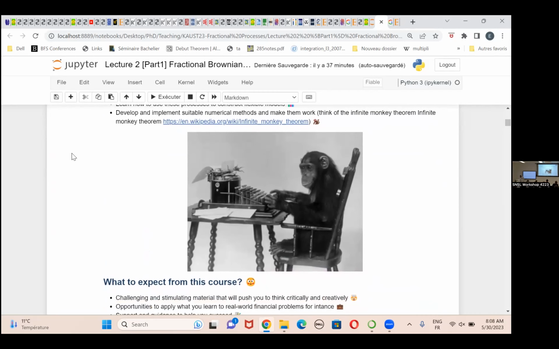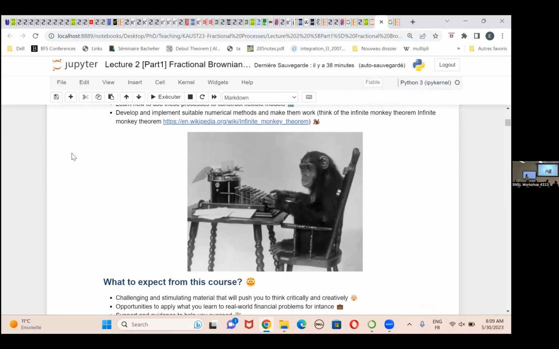This is just to highlight, you all know, I think, the infinite monkey theorem. If you have a monkey that types randomly, let's say a letter each second, and you give it enough time, at some point it will write, for instance, all of Shakespeare's work without any single mistake. So this is in theory, but of course in practice, you'll be long dead before this happens, right?